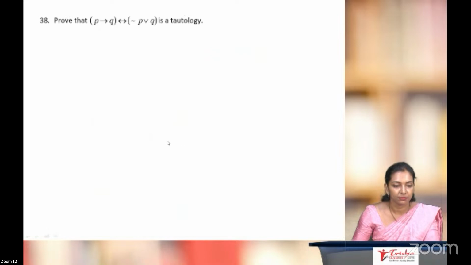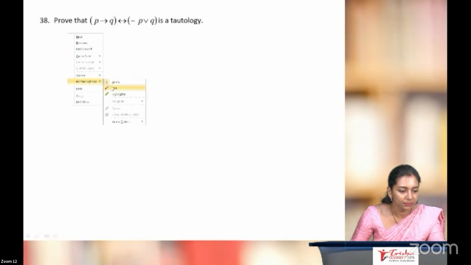Now, to prove whether the following is a tautology. Tautology means ultimately you need to get all T, right? So what you have to do here is put columns.